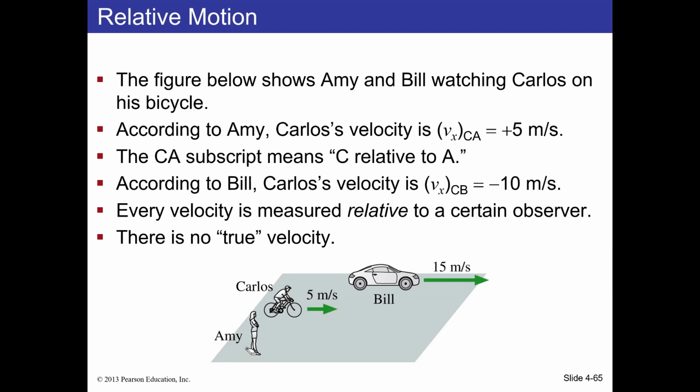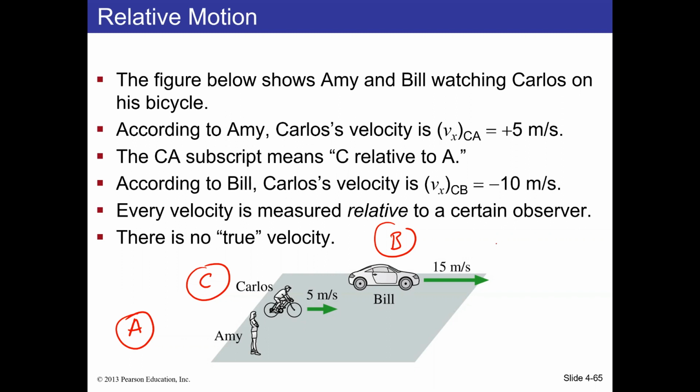So that's why we have the term relative velocity, because whenever we are given a velocity, it has to be relative to a very specific observer. So what we do here is this. We're going to use A for Amy, C for Carlos, and B for Bill. When you're talking about Amy, who technically is at rest, standing there, when she measures the velocity of Carlos, she will measure the velocity to be 5 meters per second.